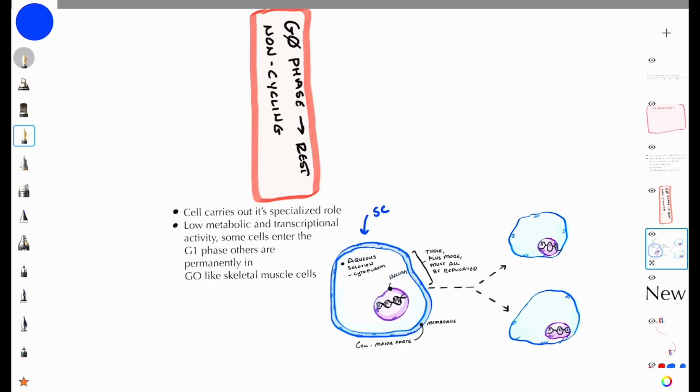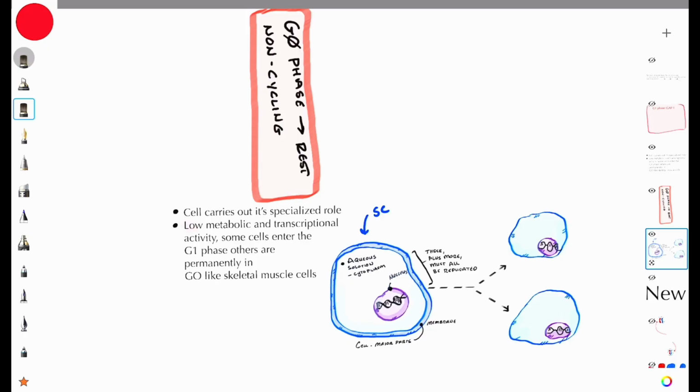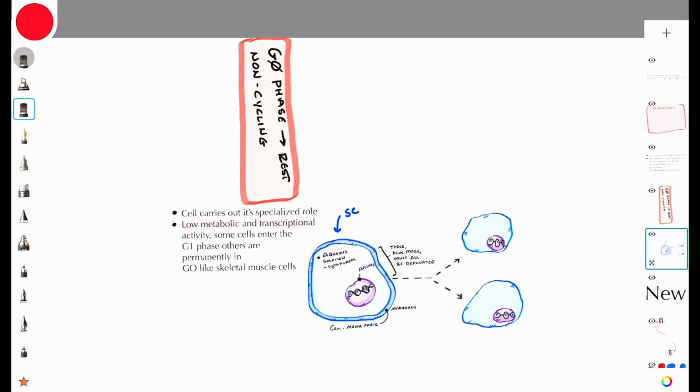It is carrying out its normal role. It is sleeping. Why is it sleeping? Well, because we do not want to use energy unnecessarily. So satellite cells are in a very low metabolic state and a very low transcriptional state, which means they are not dividing. Okay?